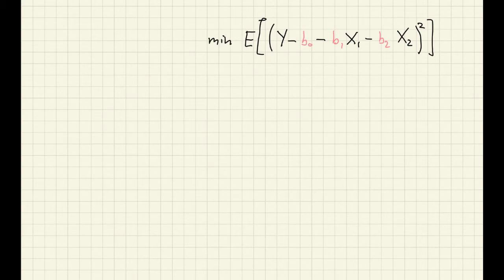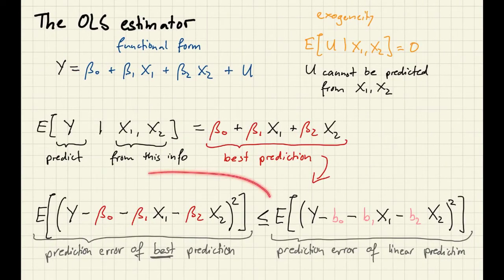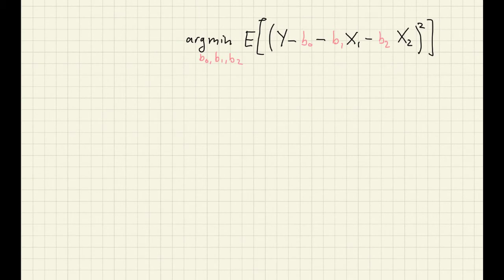And we are wondering how should we choose the b's to achieve the minimum. So we're looking for the argmin. And this inequality here tells us that the argmin is achieved by our betas.